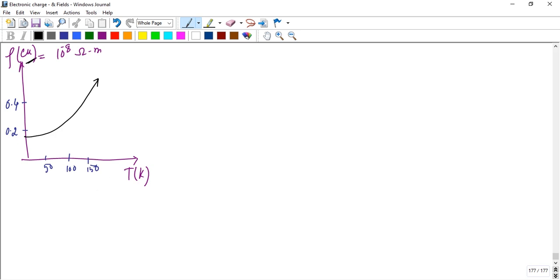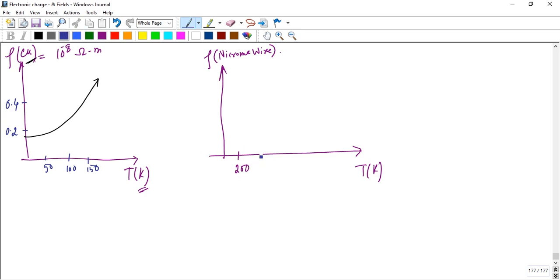Okay. Another important one is called nichrome. If you want to plot the resistivity of nichrome versus temperature, with temperature in Kelvin, suppose 200, 400, 600 and 800, and resistivity 1.1, 1.2.